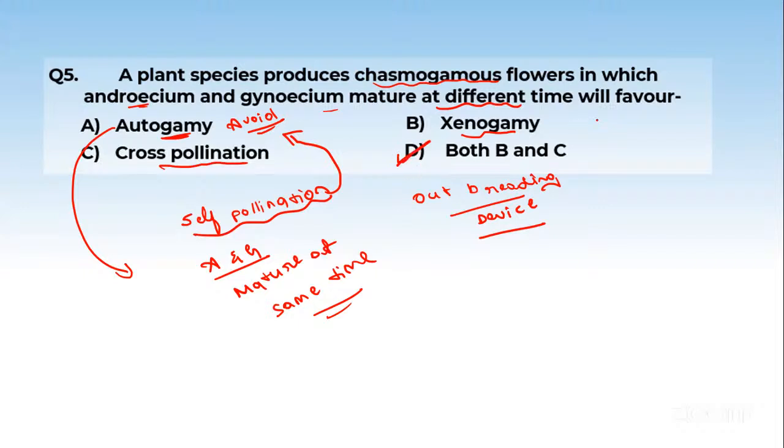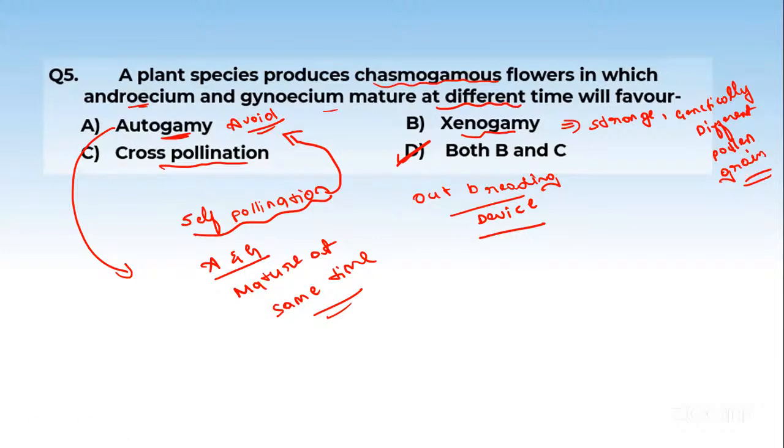Xenogamy means we studied, right? Strange, genetically different pollen grain is going to be deposited on the stigma of the flower.